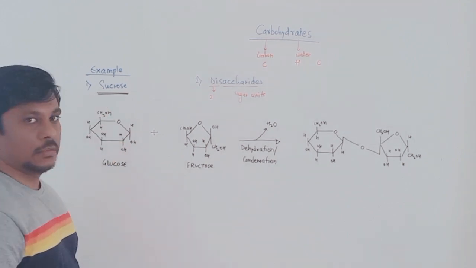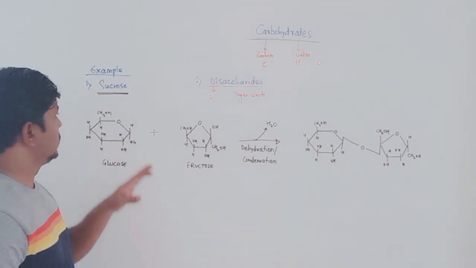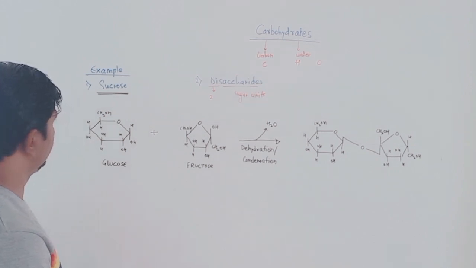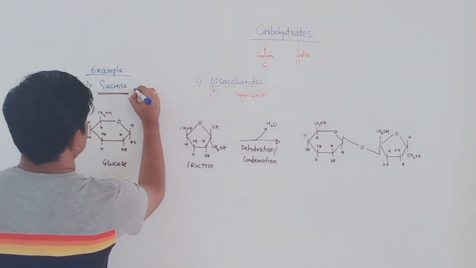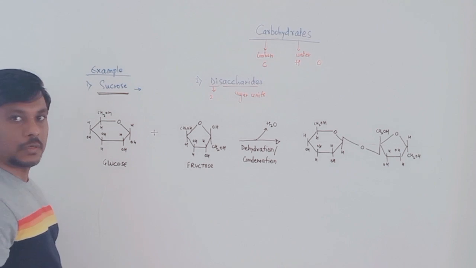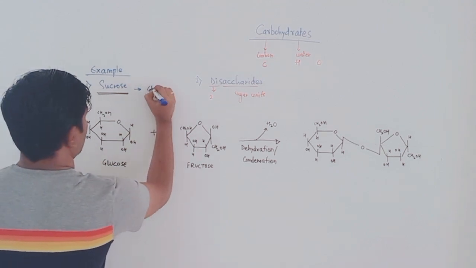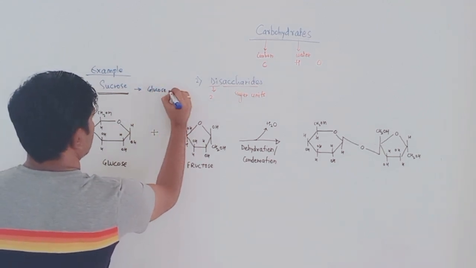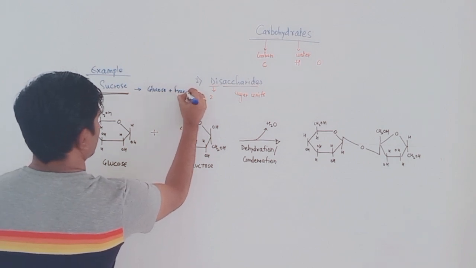So we'll see a disaccharide called sucrose as an example. Sucrose is a combination of glucose plus a molecule of fructose.